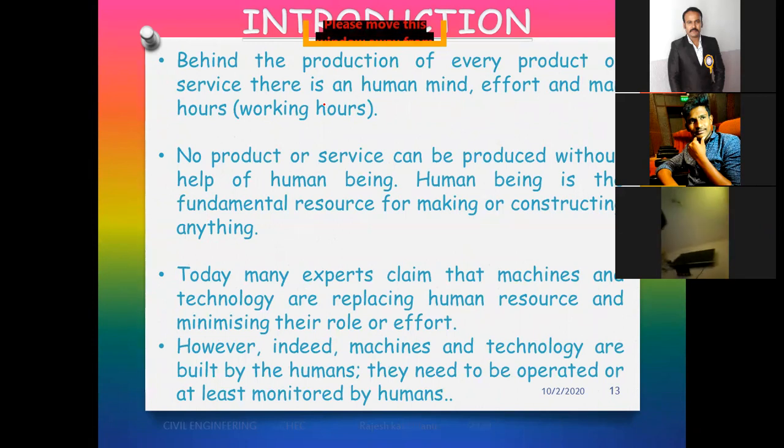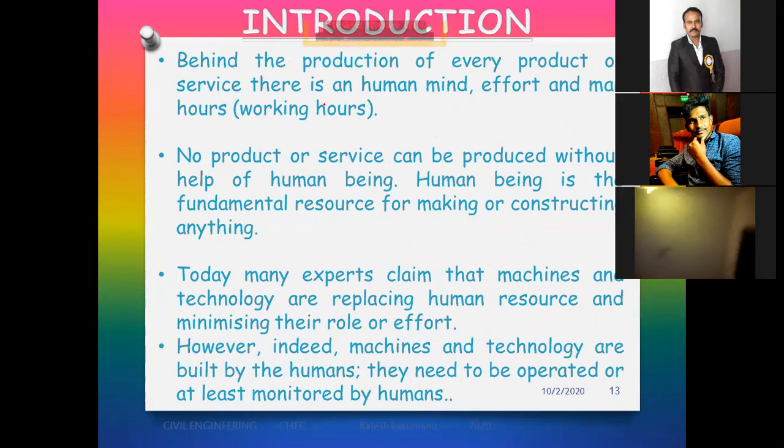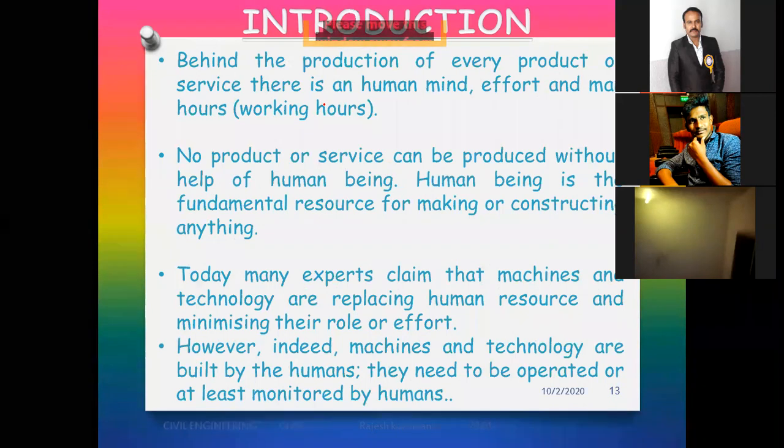What is the meaning of human resource management, how we are dealing with it, how important is human resource management, right? If you see the functionality of human resource management, why it is required for any firm or company.